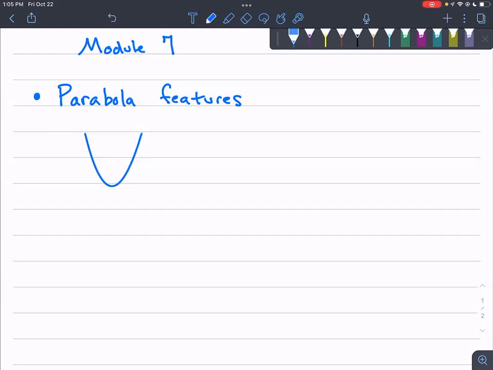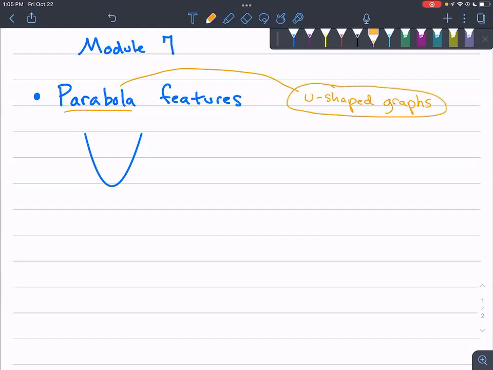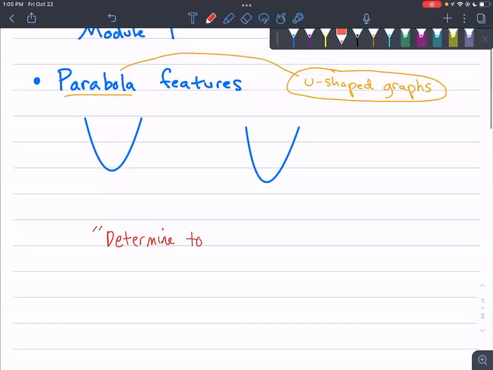Parabolas are U-shaped graphs. Sometimes those U's are opening up. Sometimes the U is opening down. And you'll be asked to determine the coordinates of the vertex.